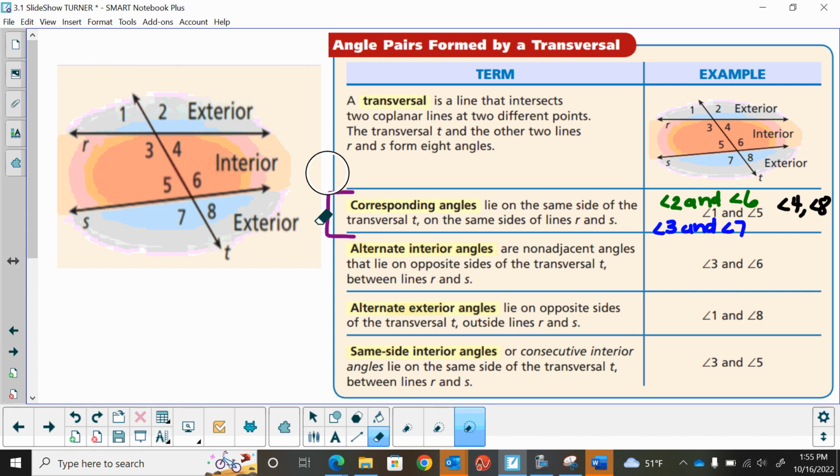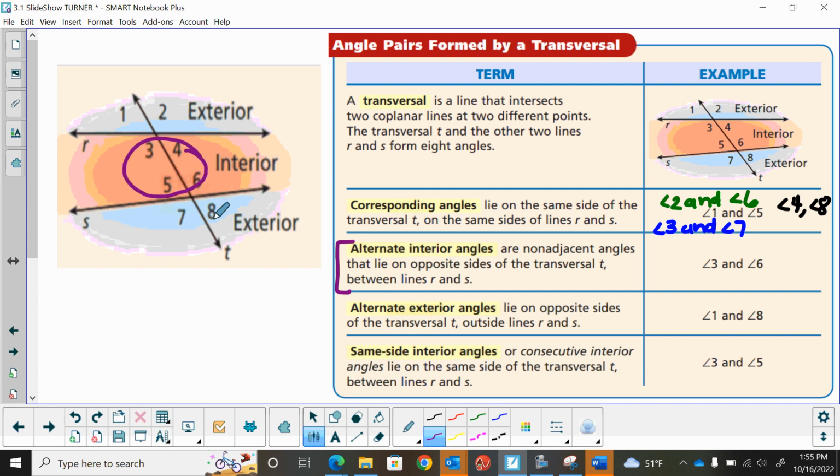All right, let's move on to alternate interior angles next. So if you think about the words alternate interior, it's kind of giving you a clue as to what they are. So interior, so we're focused on just 3, 4, 5, or 6. And then alternate means that they're on alternating or opposite sides of the transversal. So there's only 2 pairs of alternate interior angles.